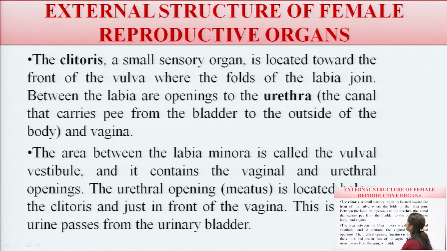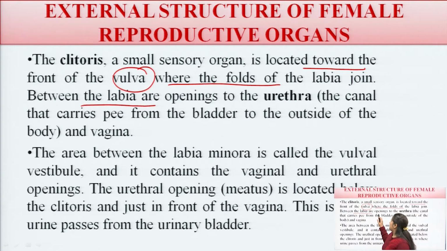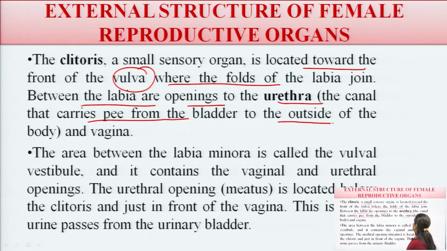Then the clitoris, a small sensory organ located towards the front of the vulva, where the folds of the labia join. Between the labia is the opening of the urethra that carries urine from the bladder to the outside of the body, and the vagina, right?